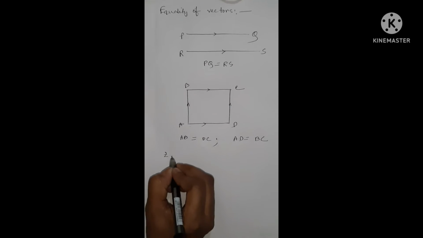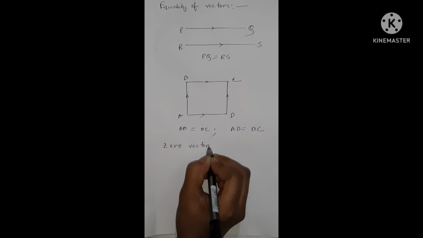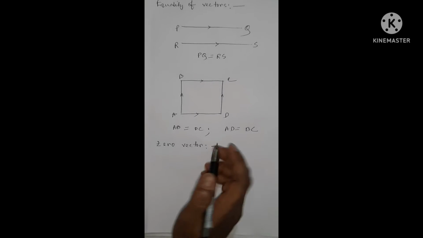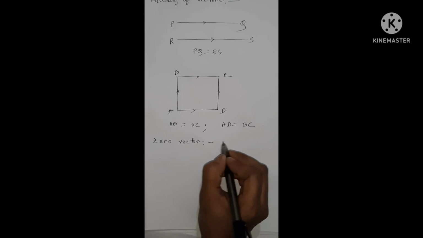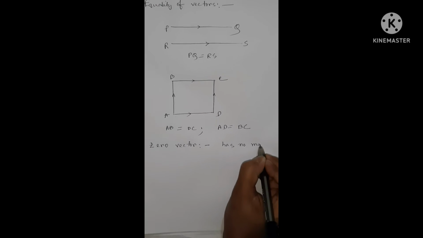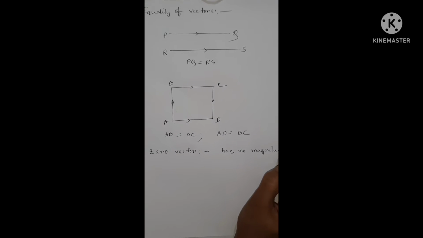Now we see zero vectors. This is a simple definition. A zero vector has no magnitude.